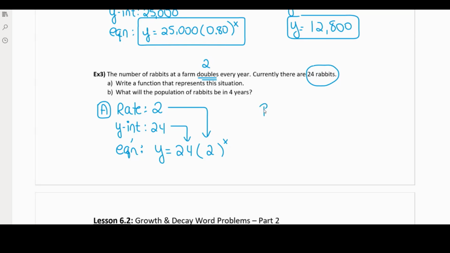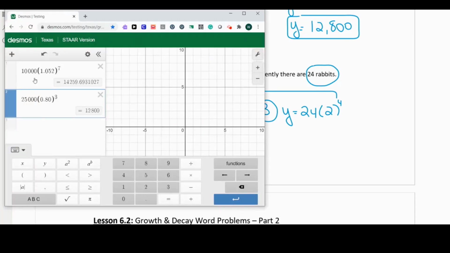And then part B, we copy the formula that we found, or the equation, and instead of x, we're going to use the number that they gave us. In this case, instead of x, we're going to write the number 4. Then we pull out a calculator and we evaluate.